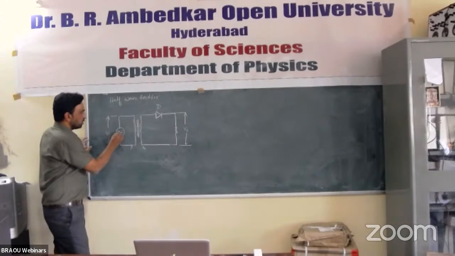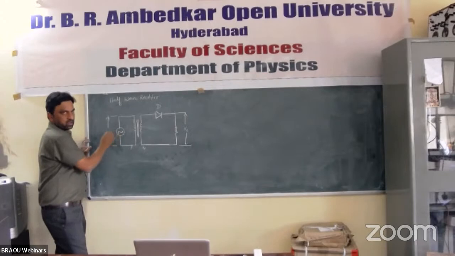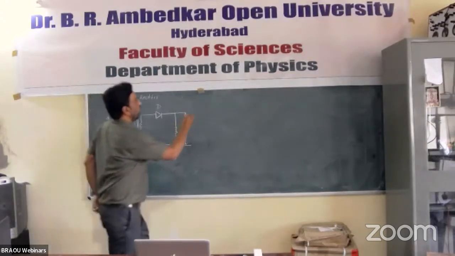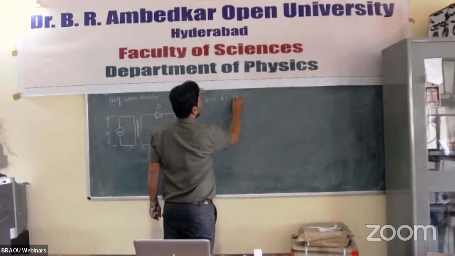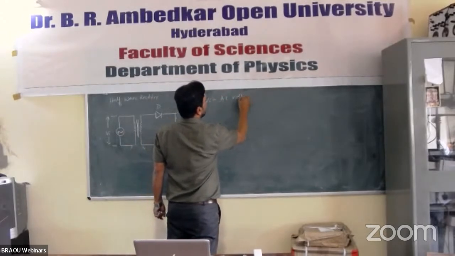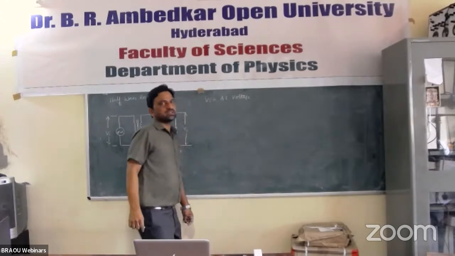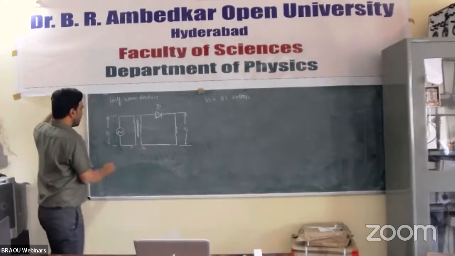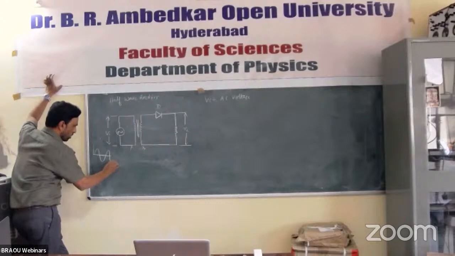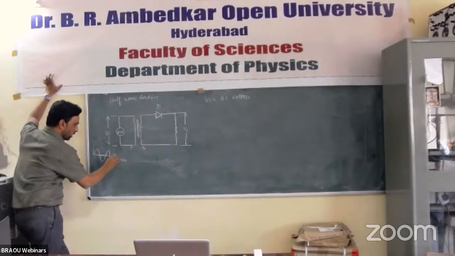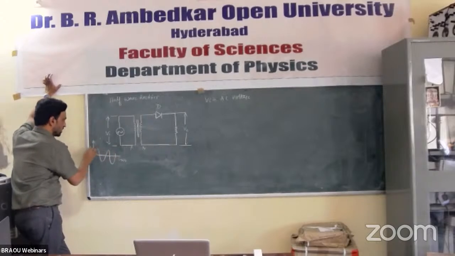Here, this is the symbol of the AC voltage, Vi, the alternating current voltage, because it changes continuously with respect to time. This is the time axis, which we generally represent as omega t, and this is the voltage, with a maximum of V maximum.